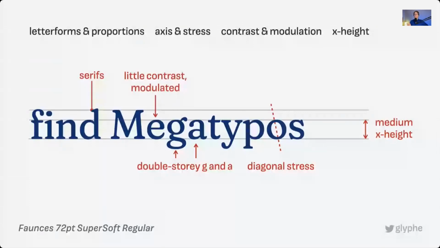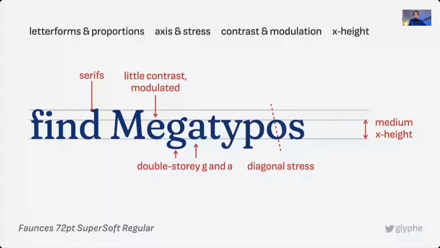The x-height, then the double story g and a would also be letter shapes. You want to take a look at the axis and the stress, if there is a diagonal stress or a vertical stress, and how the strokes are contrasting, if there is a modulated contrast which is transitioning from the thick to the thin parts. And we took a look at several typefaces here.